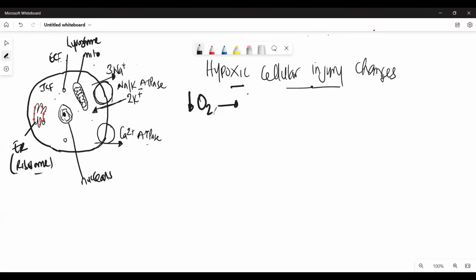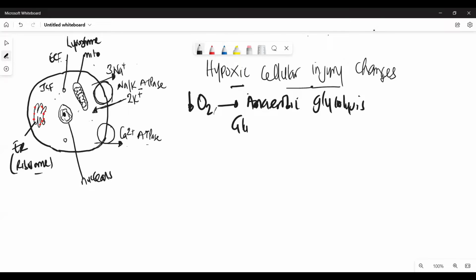Because of that, the cell is going to shift its metabolism into anaerobic glycolysis, because there's no oxygen to be able to make ATP from the mitochondria. So the cell is going to rely majorly on anaerobic glycolysis.